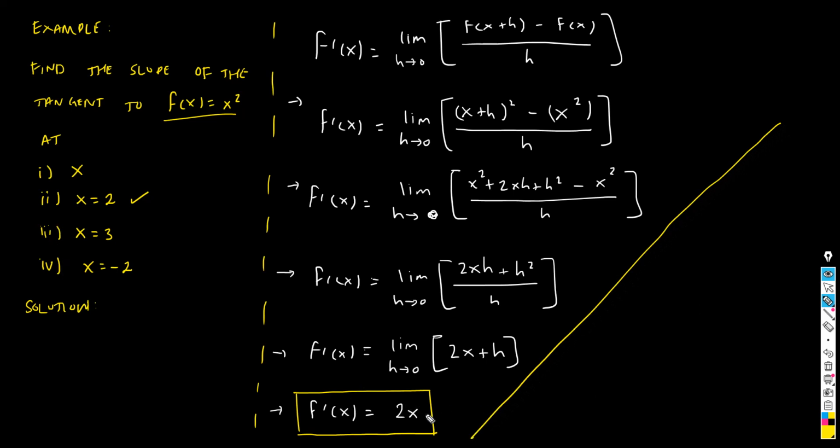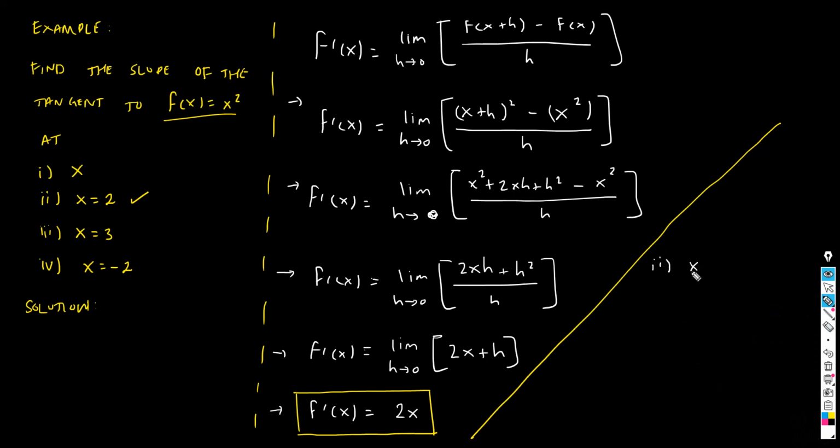So once I have the most general formula for the slope of the tangent to this function at any point x, now it's only a matter of substituting the proper numbers of x, 2, 3, and minus 2, in order to get the slopes at these values. For example, the first one, this is number 2.